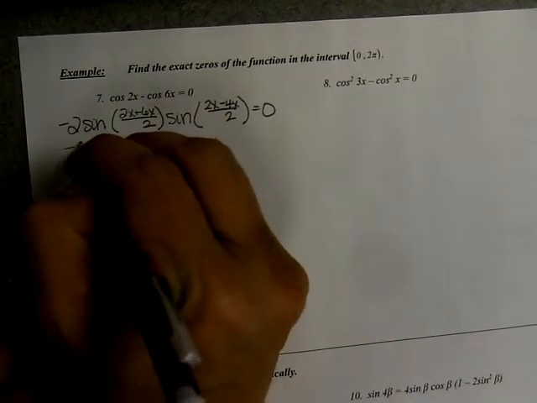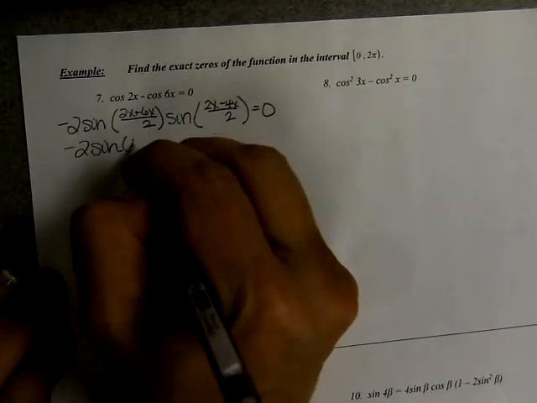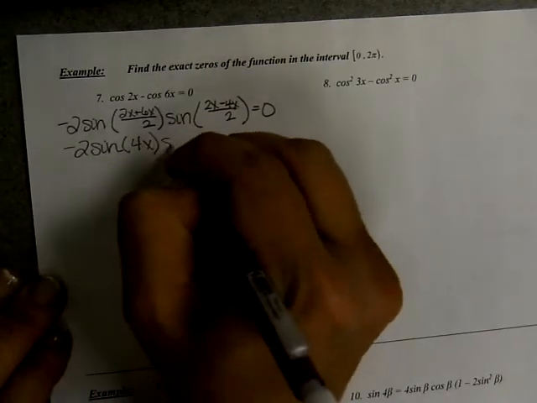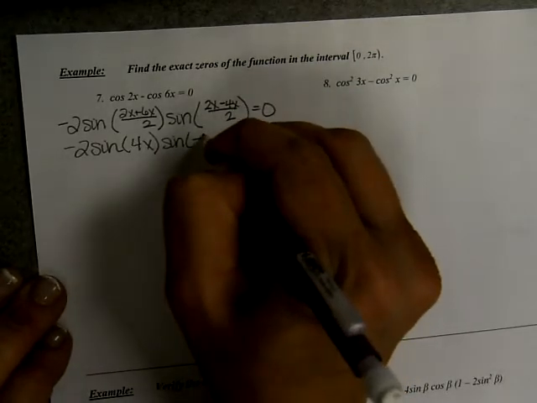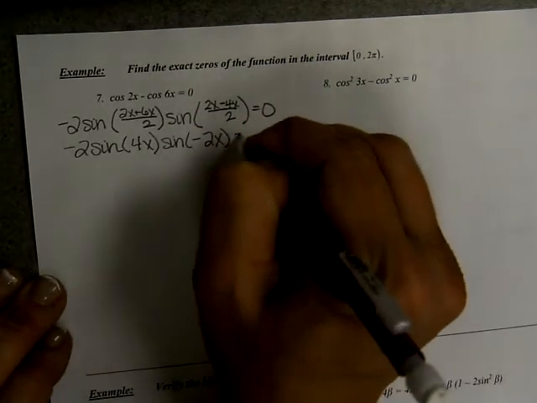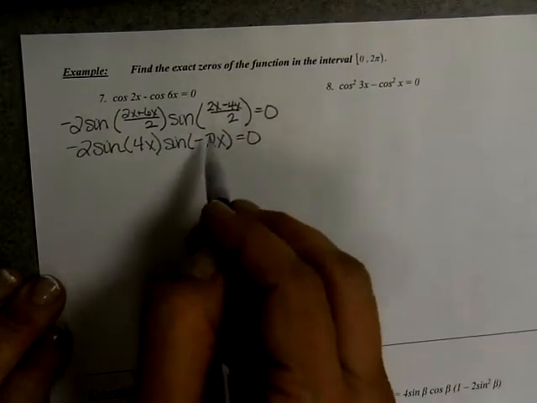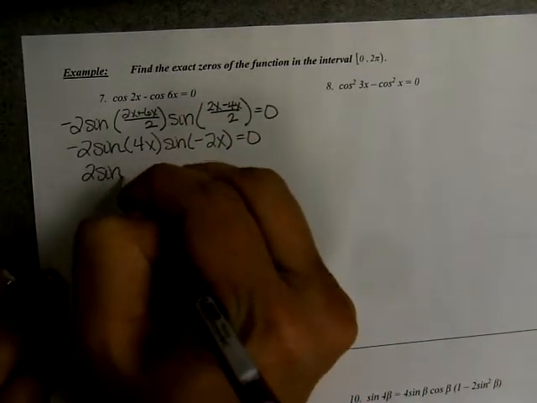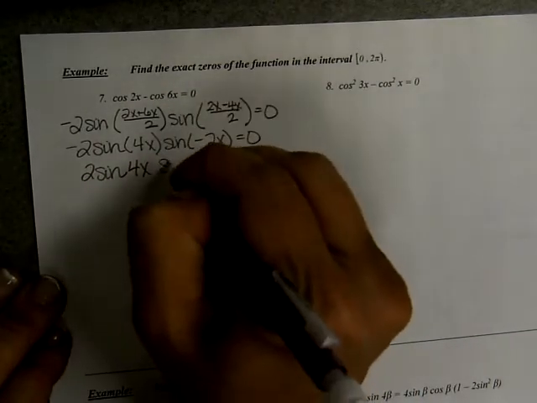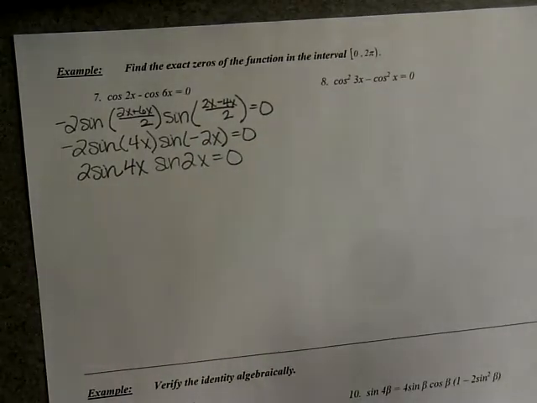And we can clean this up a little bit. This is going to be a 4x, and this is going to be a negative 2x. And then again, I'll use my even odd properties. I'll take this negative, apply it here, and so I have 2 times the sine of 4x times the sine of 2x equals 0.